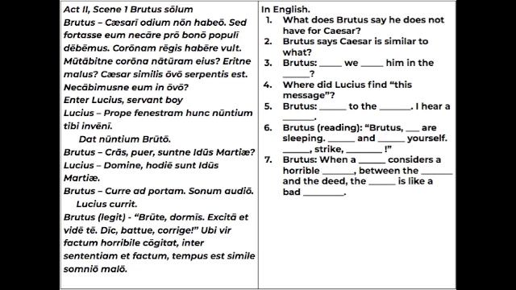Coronam regis habere vult. He wishes to have the crown of a king. Mutabitne corona naturam eius? So it's a question: will a crown change his nature? Erit ne malus?